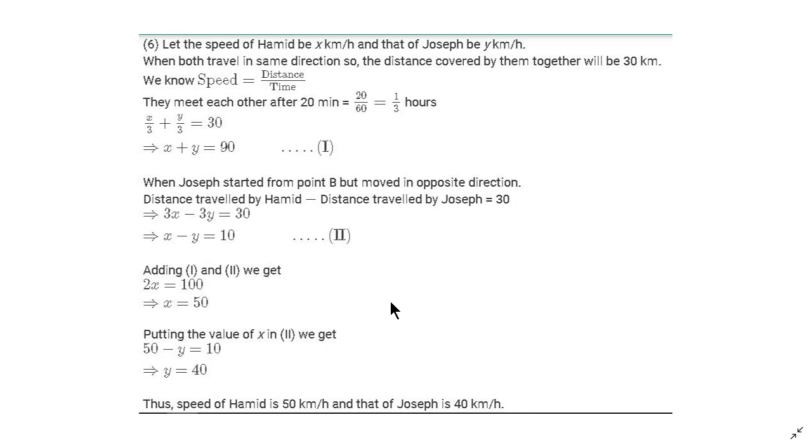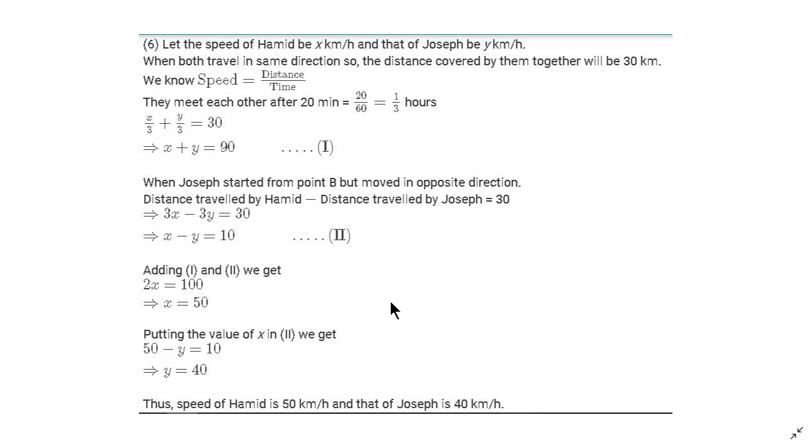At the same time, Joseph is also traveling, but he is traveling from B to A. They meet each other after 20 minutes. If Joseph would have started from B at the same time but in the opposite direction instead of towards A, Hamid would have caught him after 3 hours. Find the speed of Hamid and Joseph.